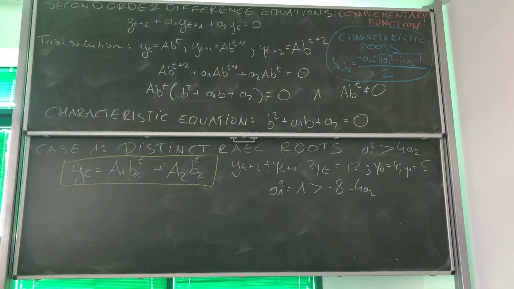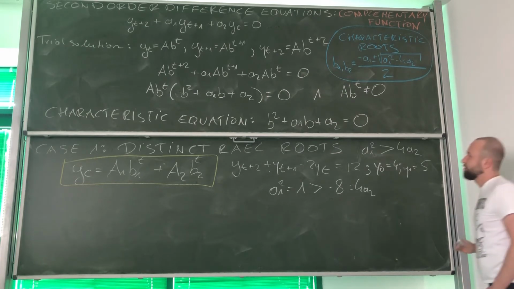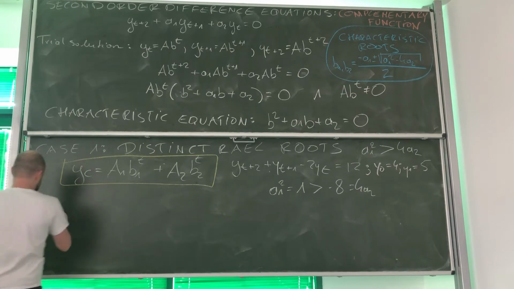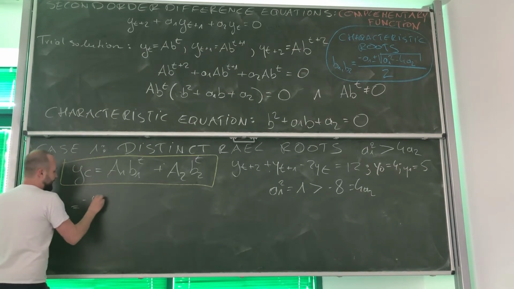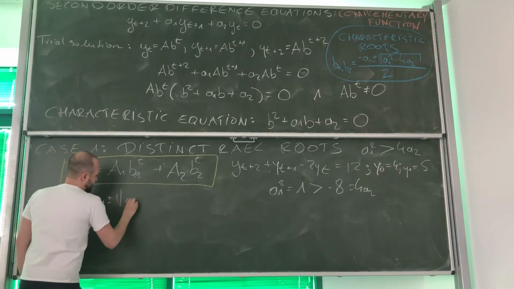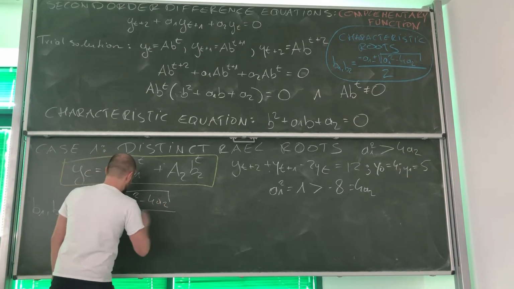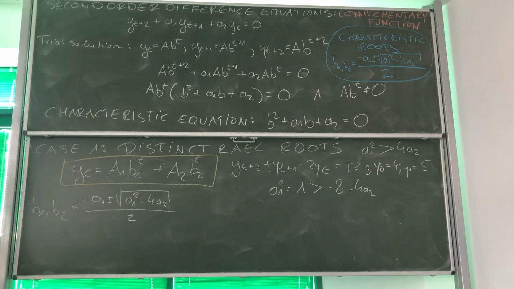So definitely, this is the case of real distinct roots. Okay, so how about our solutions, right? We had negative a1 plus minus the square root of a1 squared minus 4a2 over 2.